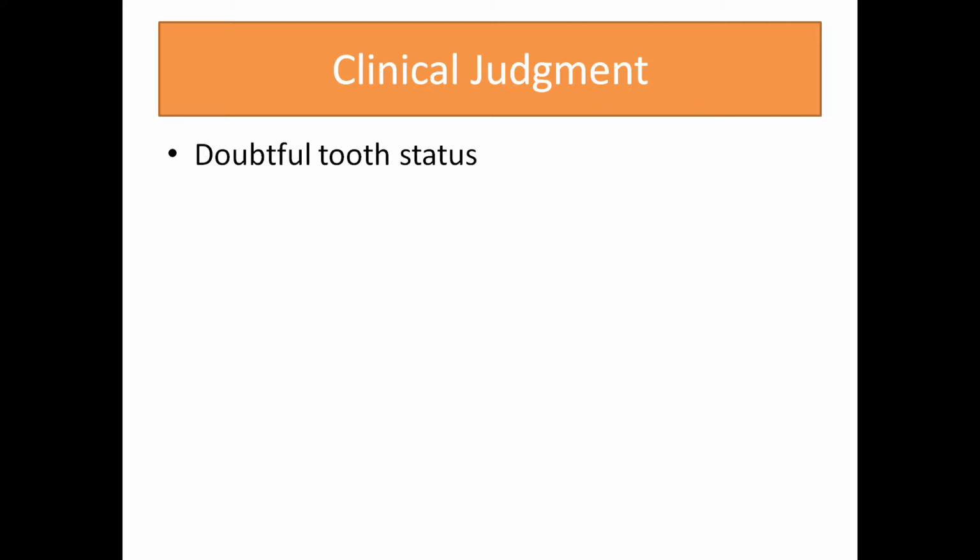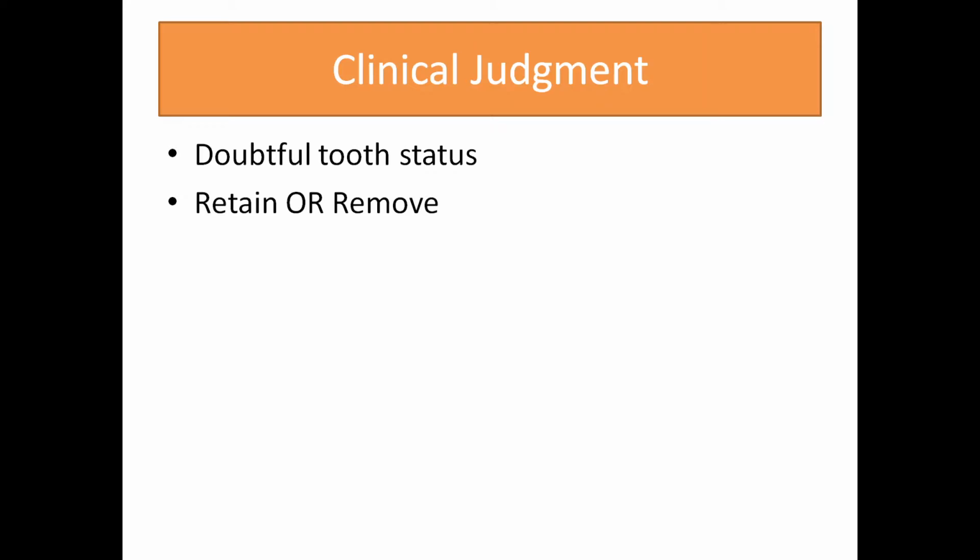Another example is a doubtful, compromised tooth structure, where you decide whether to remove the tooth or to retain it. Periodontal problems and tooth structure loss are there, and nowadays dental implants are available, which is a good option.